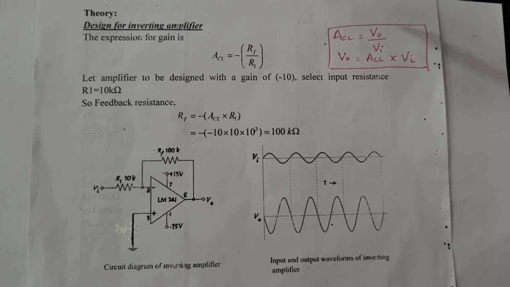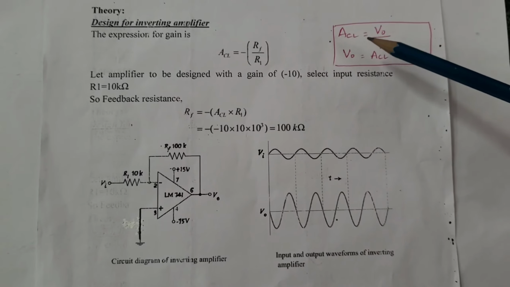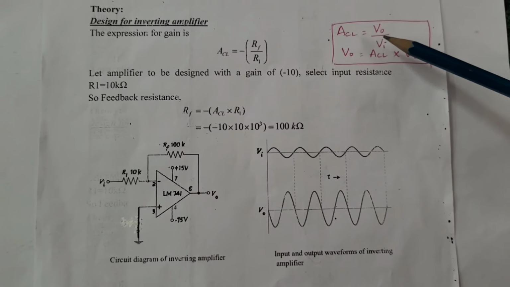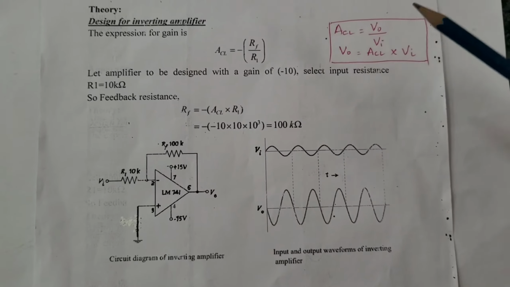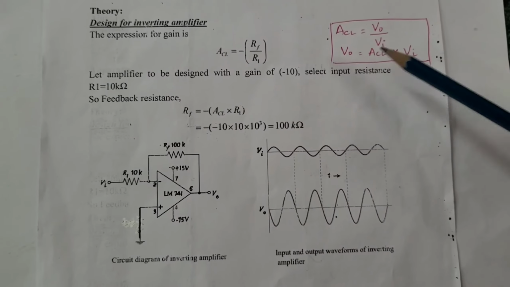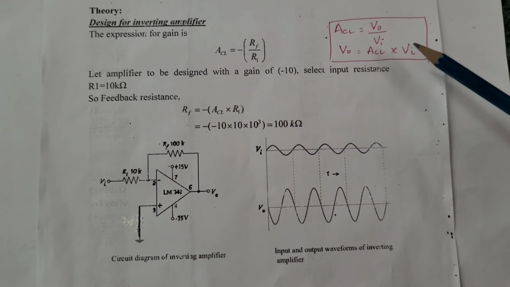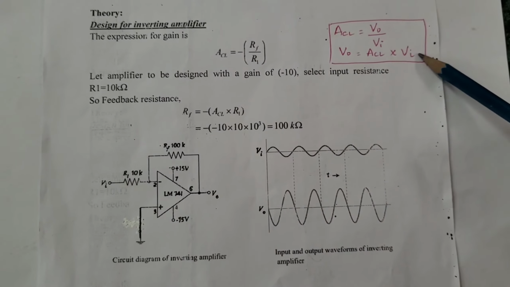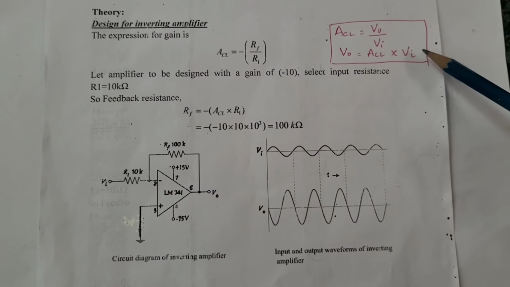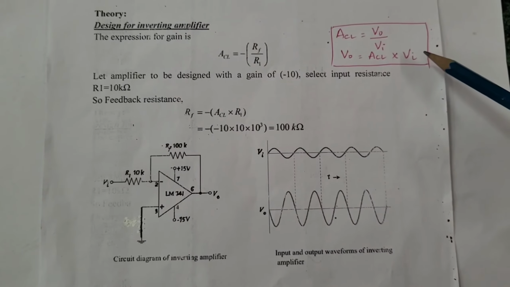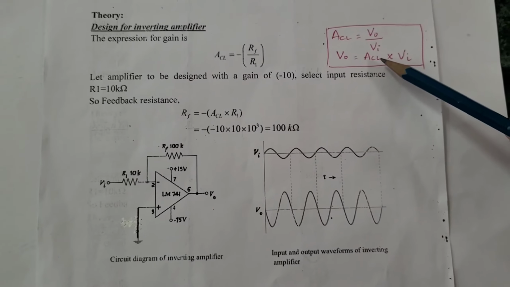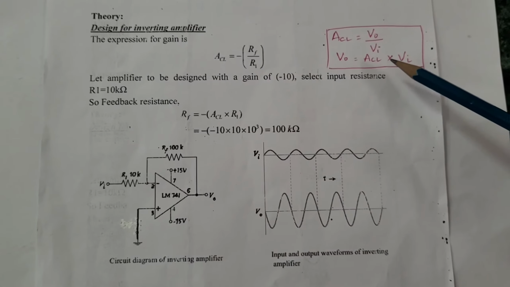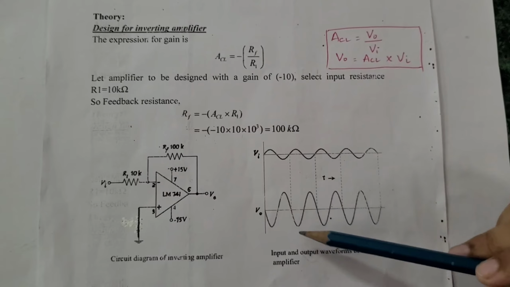The other expression for gain is ACL, which is equal to output voltage upon input voltage. So, the output voltage is nothing but gain multiplied with the input voltage. That means if the input voltage is 1 volt peak to peak and the gain is minus 10, then the output voltage will be minus 10 volt peak to peak.